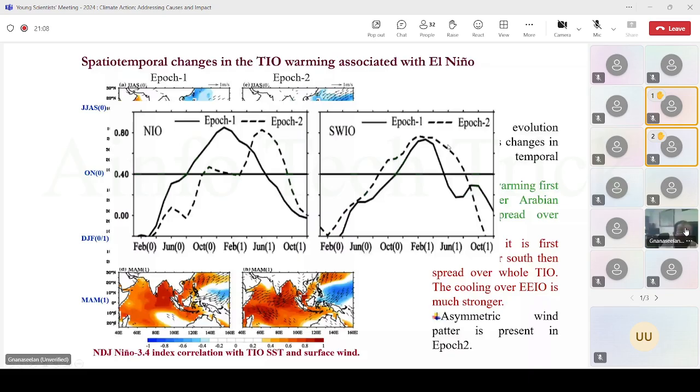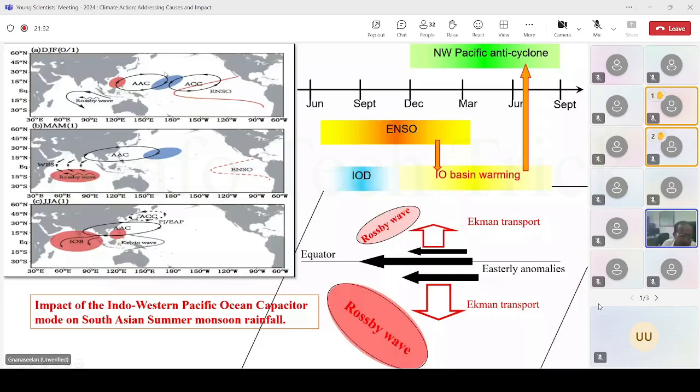So they cool this region because of more evaporation due to stronger winds, and this cooling will trigger an anticyclone in the west, and this anticyclone will cool the eastern region more because they are easterlies, whereas in the west they are westerlies or southwesterlies, and the climatological northeasterlies get reduced, and so this region, the Northwest Pacific, gets warmed up.